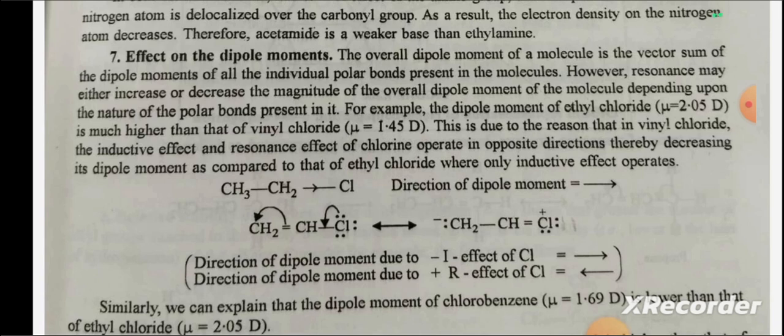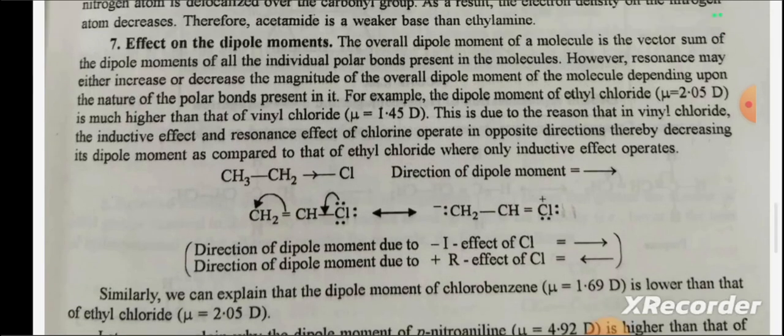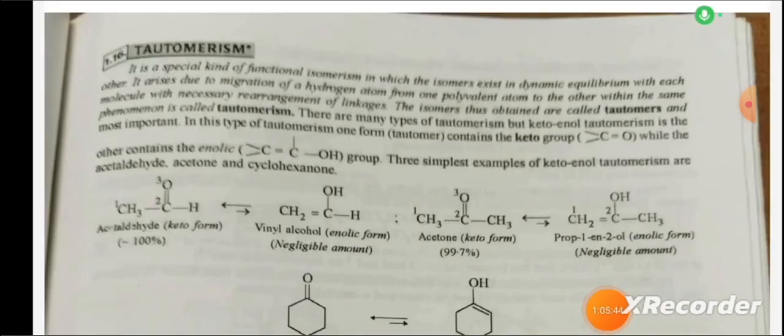For example, tautomerism. It is a special kind of functional isomerism in which the isomers exist in dynamic equilibrium with each other. It arises due to the migration of a hydrogen atom from one polyvalent atom to the other within the same molecule, with necessary rearrangement of linkages.